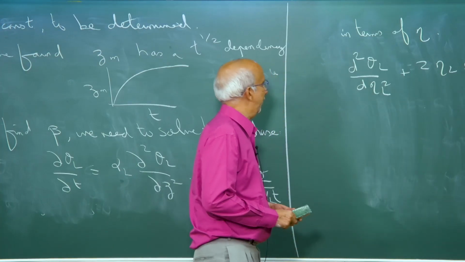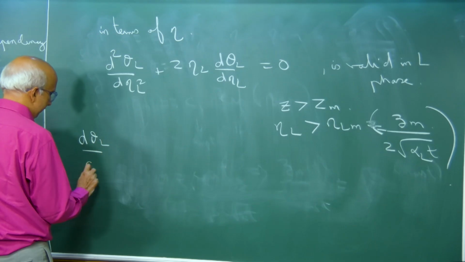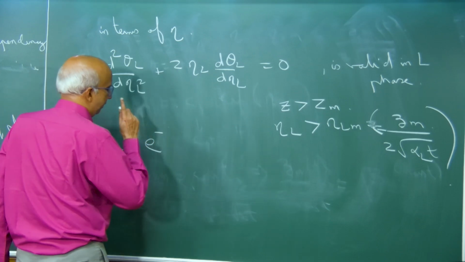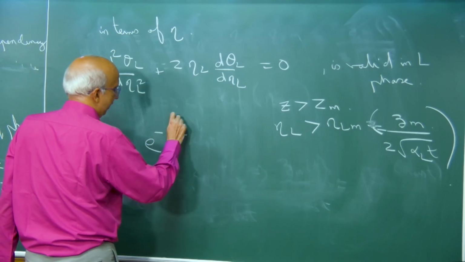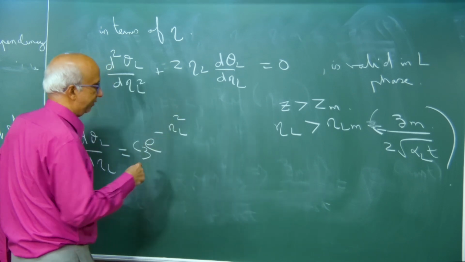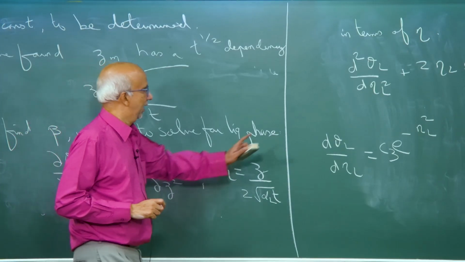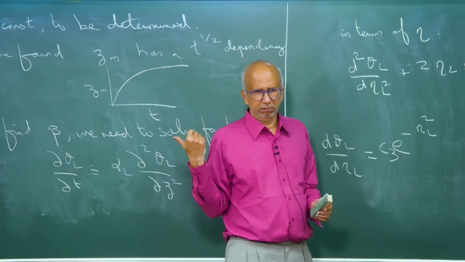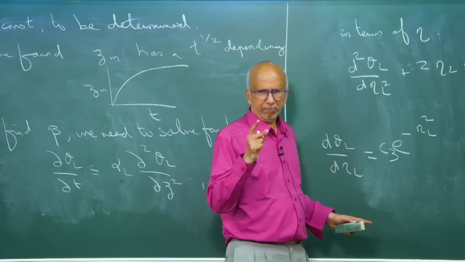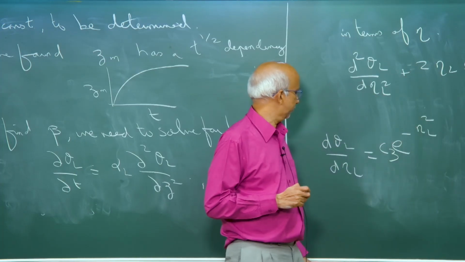So, again do the same stuff. You will get d theta L by d eta L equals C3 times e power minus eta L squared, exactly what I did earlier. The derivative we got as e power minus eta squared, remember? Because this 2 is there, we get e power minus eta squared directly.